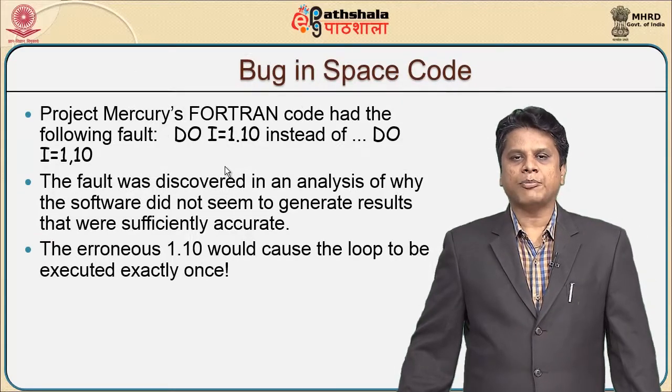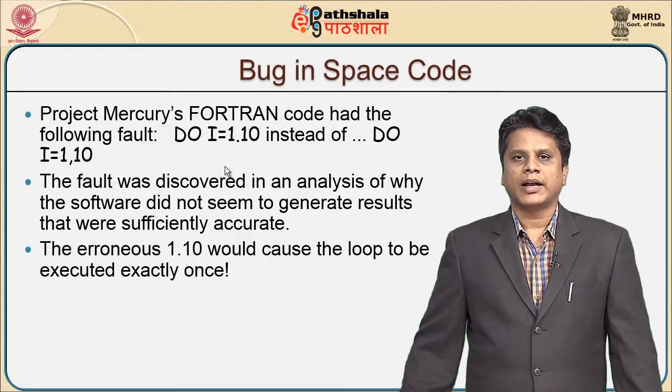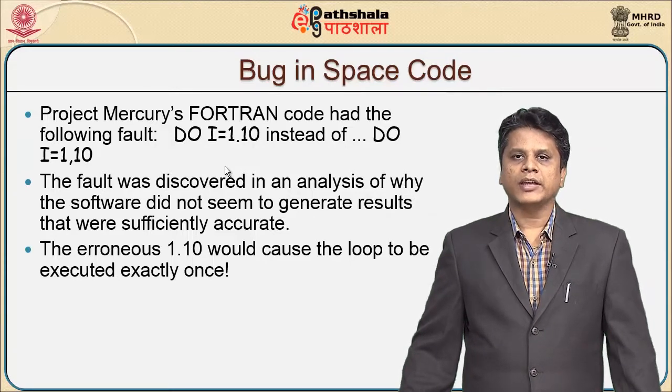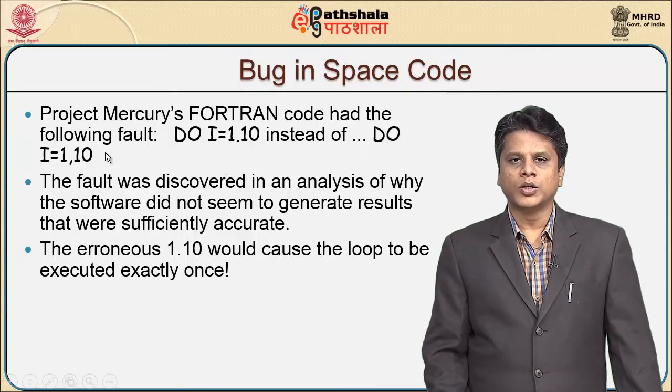We will see a few examples which have actually happened as part of the implementation of this code. Say if you look at Project Mercury's Fortran code, this had a faulty loop statement, DO I equals, it should have been 1 comma 10, instead of that the programmer has typed 1.10.